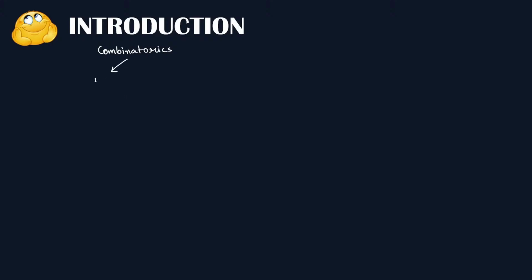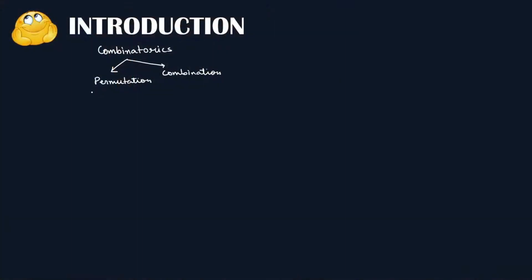One is called permutation and another one is called combination. So there are two things in the Combinatorics chapter. What are those? One is called your permutation and another one is called your combination.